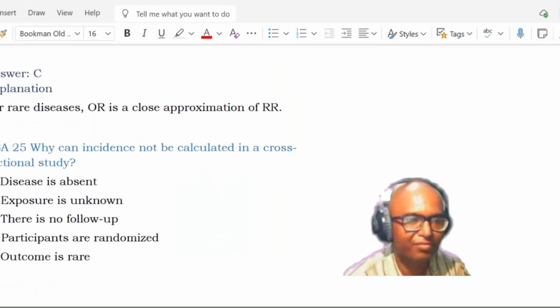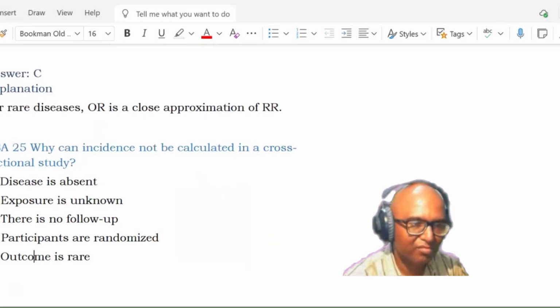Question number 25. Why can incidence not be calculated in a cross-sectional study? A, disease is absent. B, exposure is unknown. C, there is no follow-up. D, participant is randomized. E, outcome is rare.